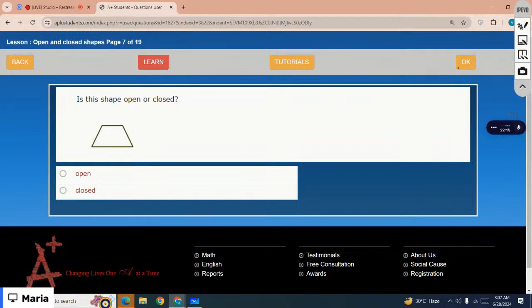Is the shape open or closed? Very good. Closed it is. The correct option is closed.